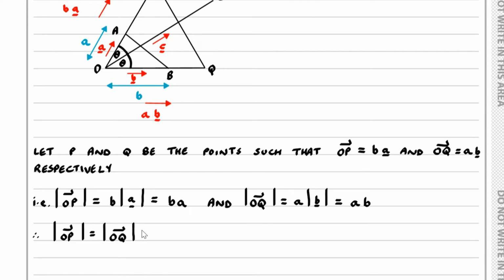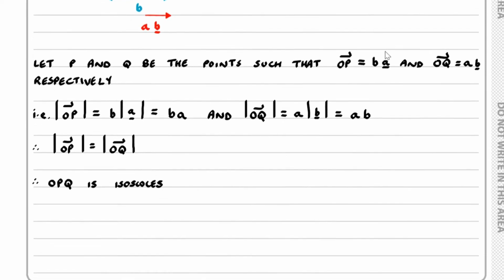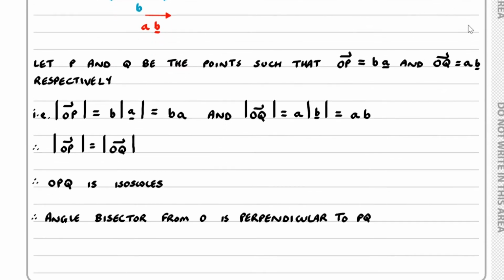And because we've got two sides which are equal, that means the triangle OPQ is isosceles. And so, because we've got an isosceles triangle, that means the angle bisector from O is perpendicular to PQ.